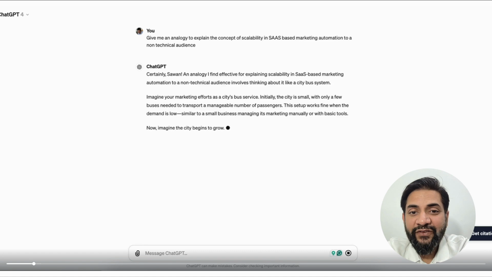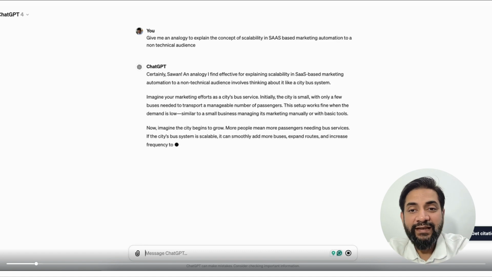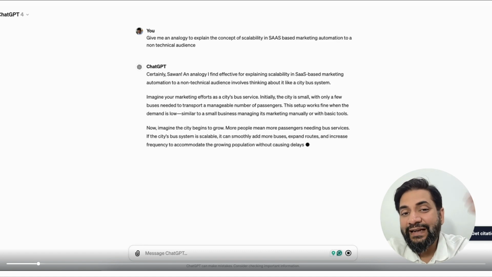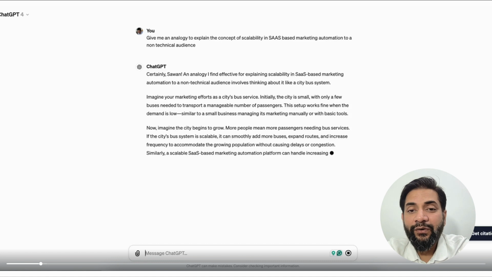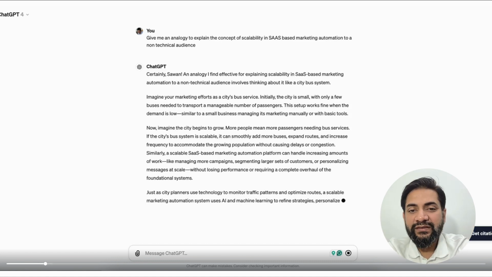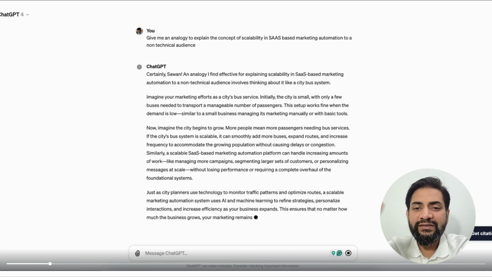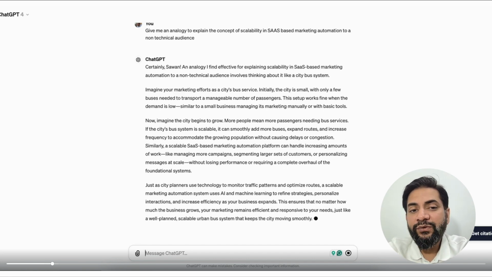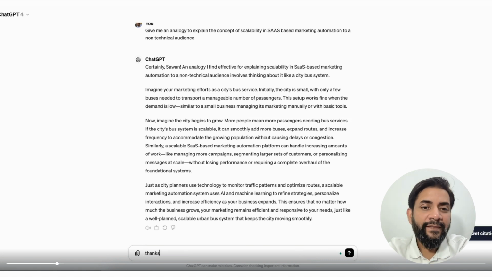An analogy I find effective involves thinking about it like a city bus system. Imagine your marketing efforts as a city bus service. Initially, the city is small, with only a few buses needed to transport a manageable number of passengers. This setup works fine when the demand is low, similar to a small business managing its marketing manually or with basic tools. So this is the entire scenario, an analogy.